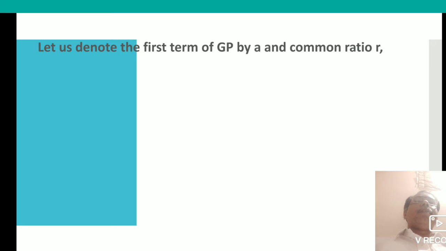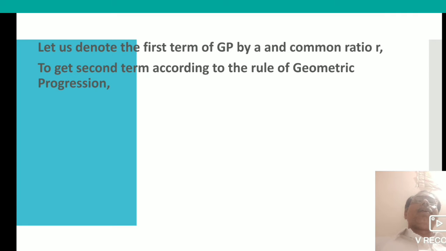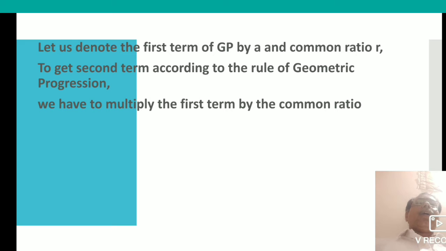Let us see the pattern here, children, like the arithmetic progression. To get the second term according to the rule of geometric progression, what did we do? We had to multiply the first term by the common ratio, isn't it? Yes. Then the second term is simply a into r, ar.